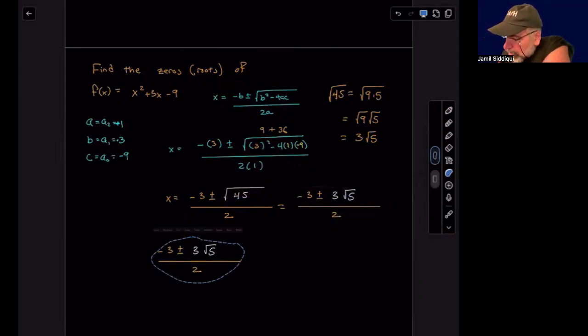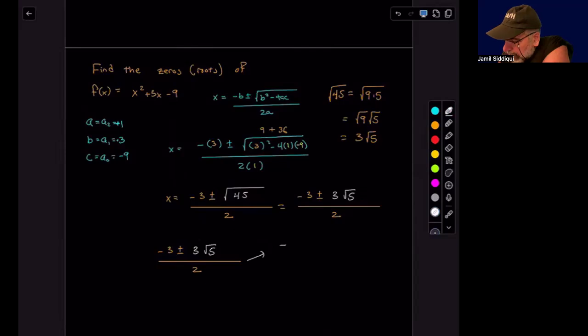So we'll bring it over here. This is now going to turn into negative 3 plus 3 root 5 over 2, and negative 3 minus 3 root 5 over 2.